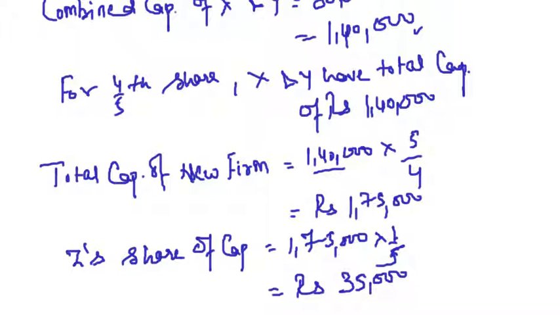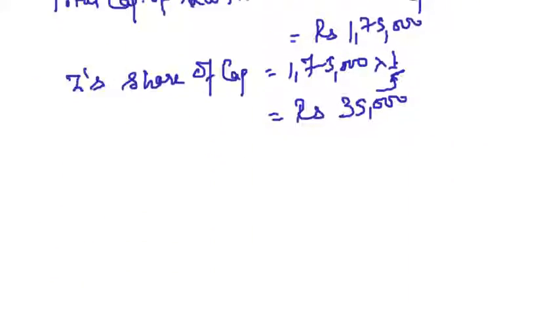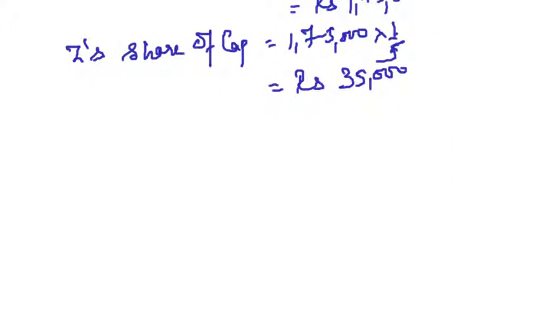So this is method 2, which says that the new partner will bring the capital according to the capital of the old partners. The old partners will not adjust. In fact, the new partner will adjust his capital. Clear? For that, what do we do? First of all, calculate the combined capital of X and Y after all the adjustments. Make a note here.